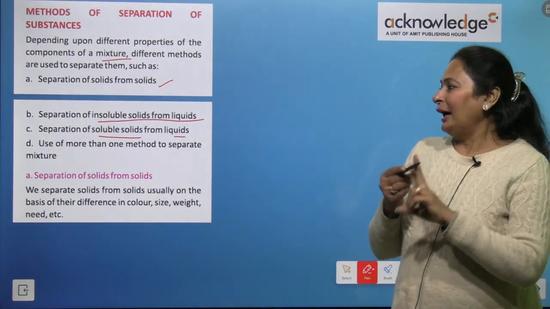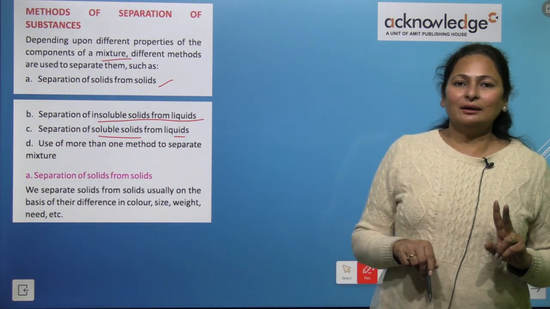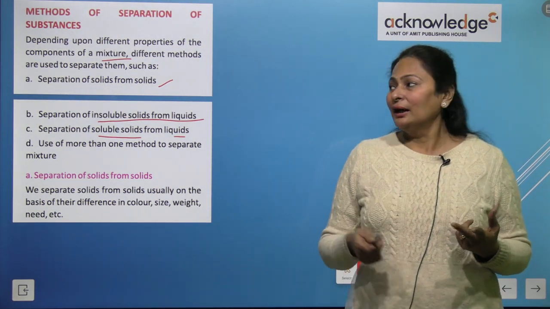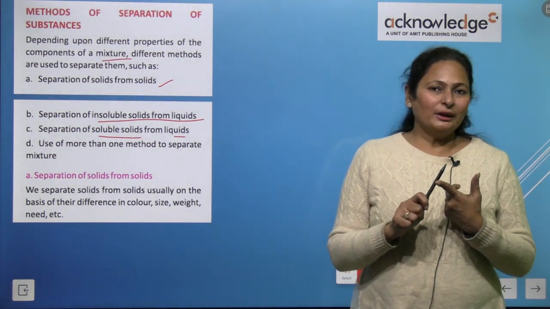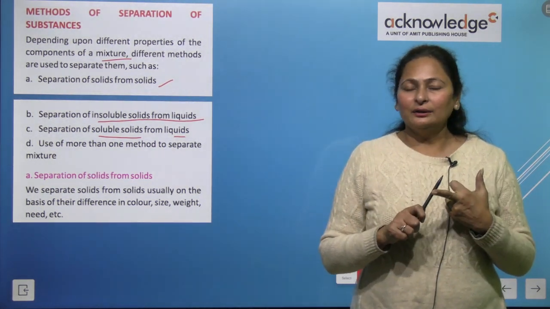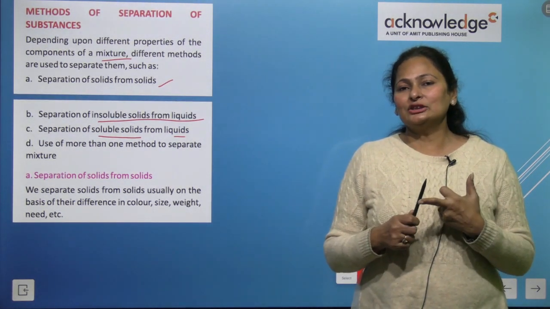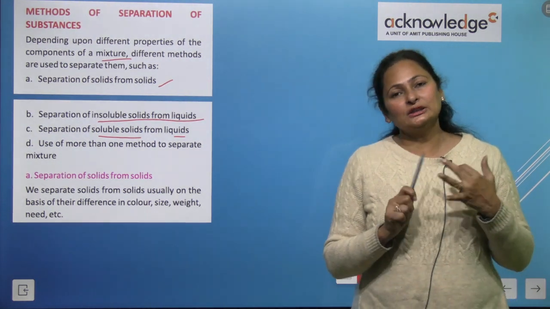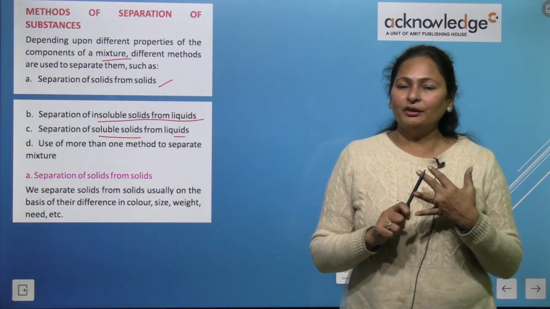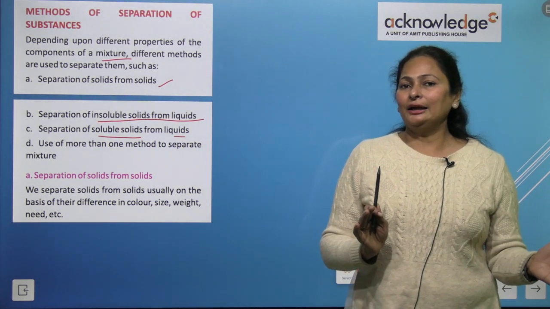And the last one is use of more than one method to separate the mixtures, right? The solid substances, either they are soluble in water or any liquid or insoluble. So we have different methods to separate soluble and insoluble in liquids.